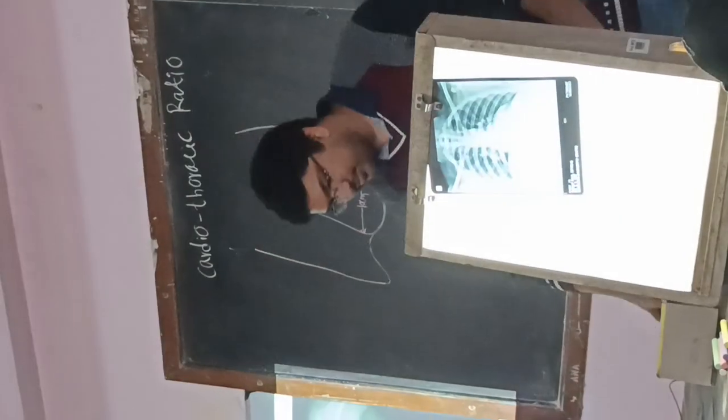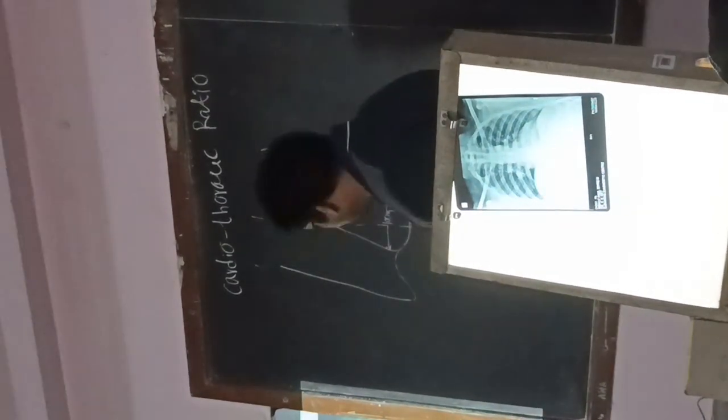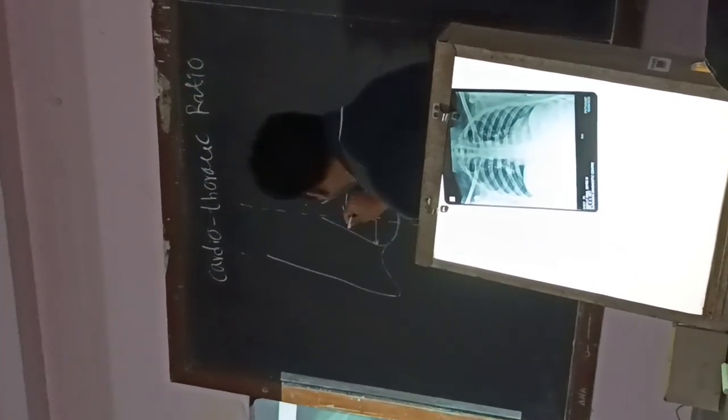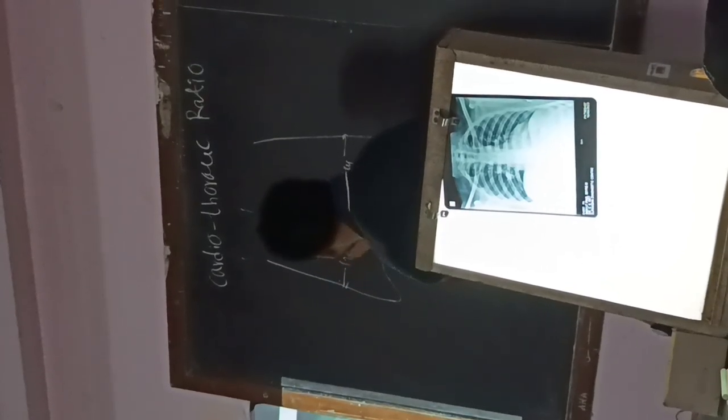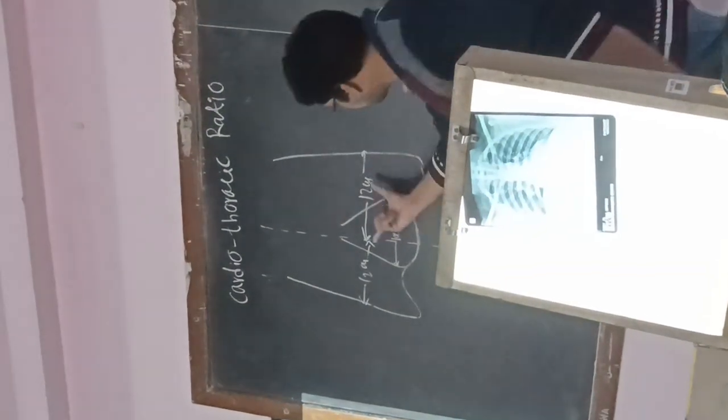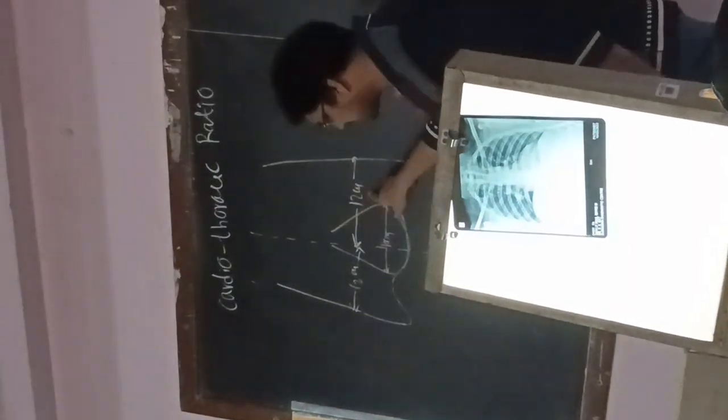So this maximum diameter of the heart should not exceed half of the diameter of the thorax. For example, if the thoracic diameter is 24 centimeters in total, then half of it is 12 centimeters.